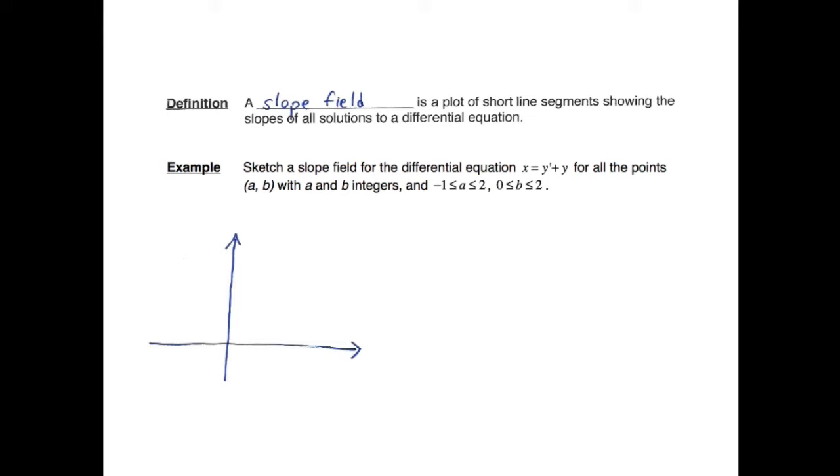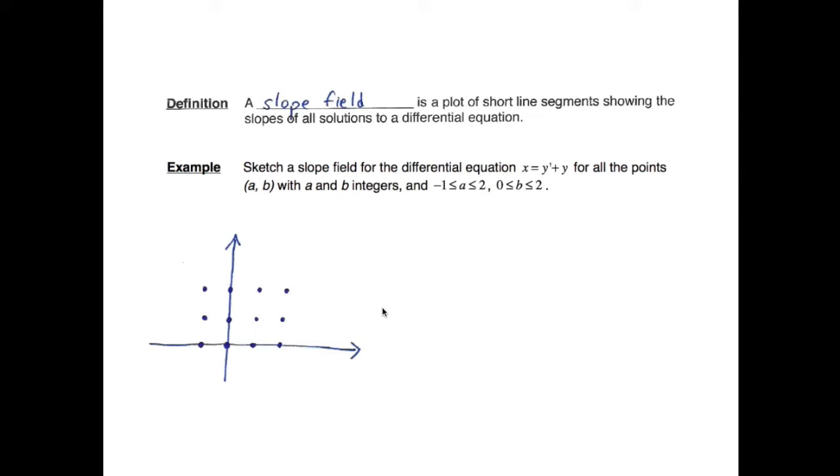So, on a system of axes, these are all the points that we need to study. A is the x value, -1, 0, 1, 2, and B is the y coordinate, and it ranges from 0 to 2.